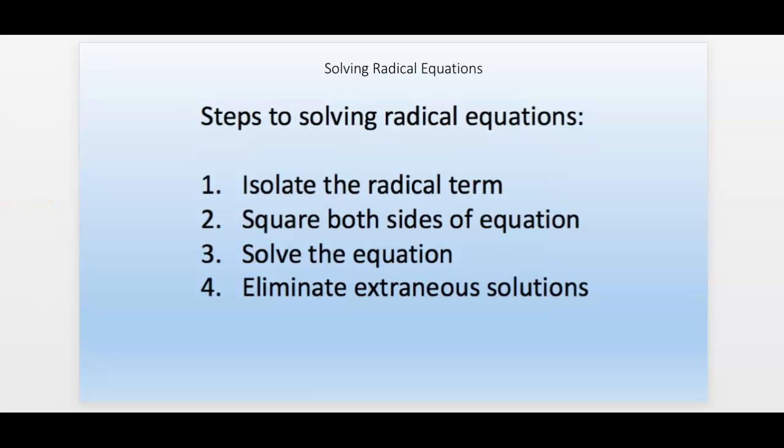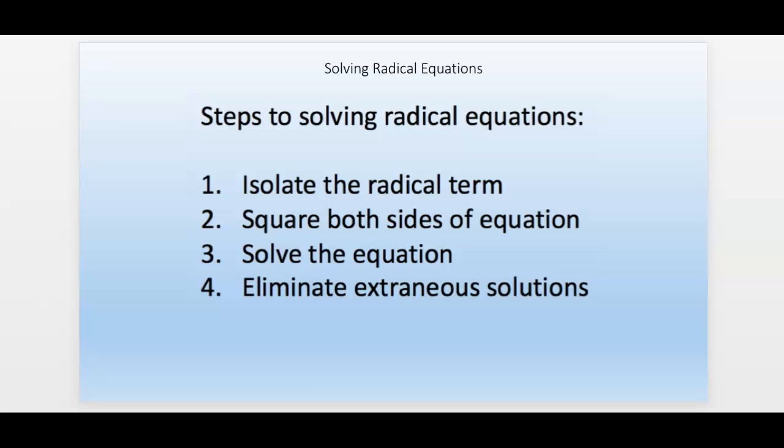There are certain steps for solving radical equations. First, you want to isolate the radical term by itself. Then you square both sides of the equation to get rid of the radical sign. Then you can solve the equation by isolating the value of x and find what x equals.